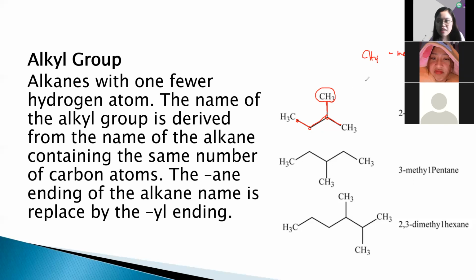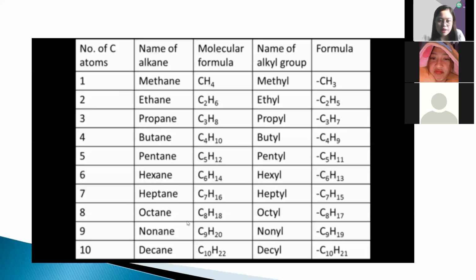Ito kulang siya ng isa, CH3 lang siya, kaya ang tawag natin dyan, methyl. So pag nabawasan ng isang hydrogen yung ating group of carbon, we change the ending from ane to il. So methyl and then butane, kasi 4 na carbon. I'll show you later kasi ito medyo complicated na structure. Show ko sila later sa inyo.